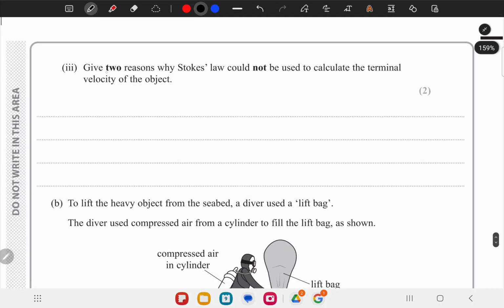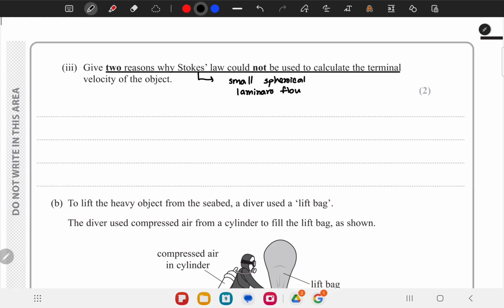In part A3, we have to give 2 reasons why Stokes' law could not be used to calculate the terminal velocity. The conditions for Stokes' law being applied are that we have a small spherical object and laminar flow. So 2 reasons why we cannot use Stokes' law would be these conditions not being met.